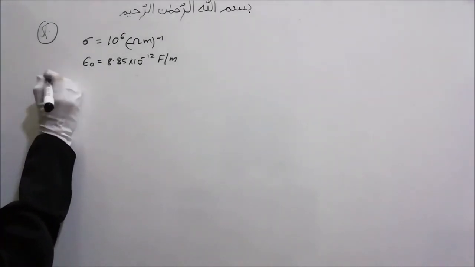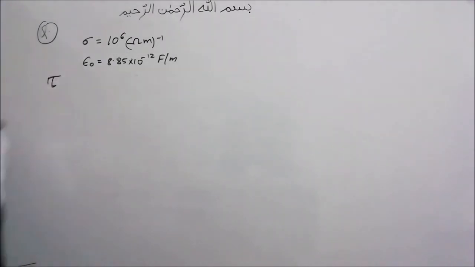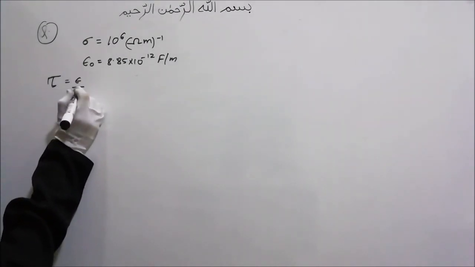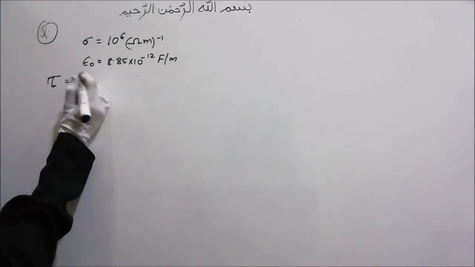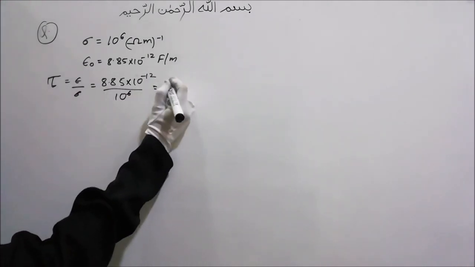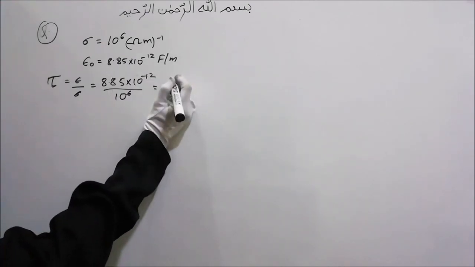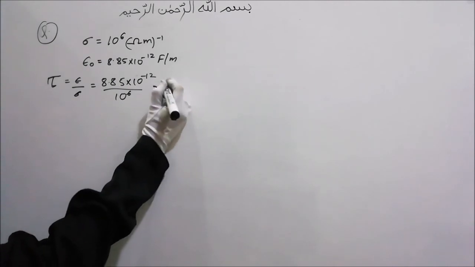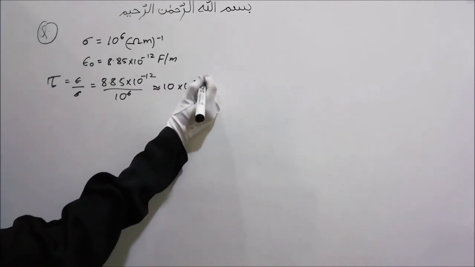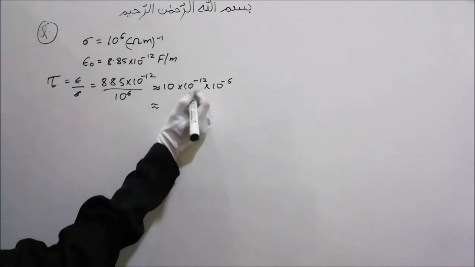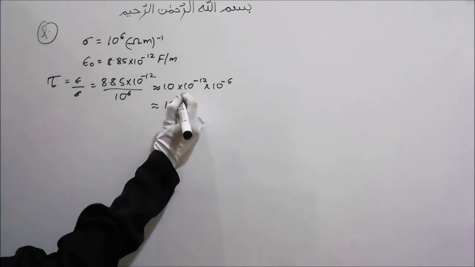That is nothing but the characteristic time tau, and we know tau is equal to epsilon upon sigma. It is a very simple question. Sigma is 10 raised to 6. We have to find the approximate values, right? So 8.85 can be written as 10, into 10 raised to minus 12, into 10 raised to minus 6, and this gives 10 raised to minus 17.